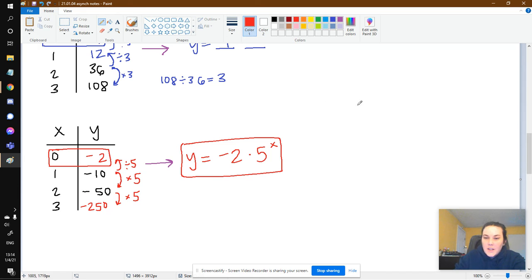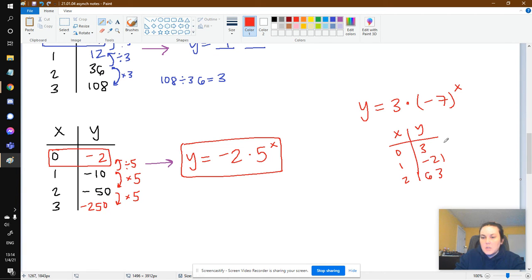If for some reason the number we're multiplying by was negative, like if our table looked like this: 0, 3; 1, negative 21; 2, positive 63, whatever, right? If this number was a negative number, it's super allowed to be. That's not a problem.